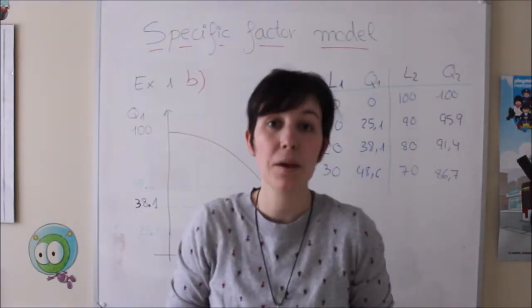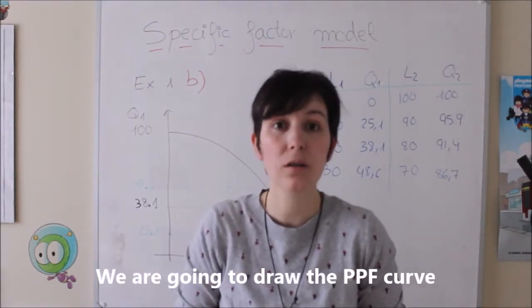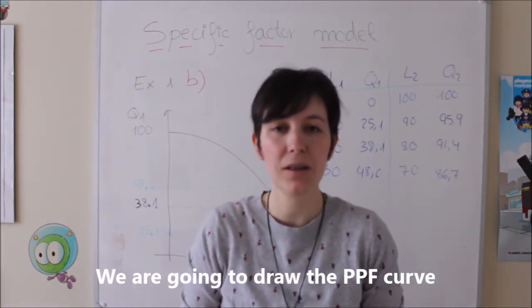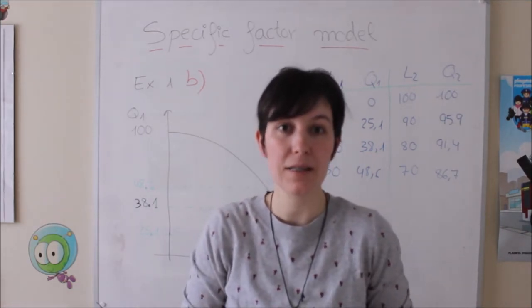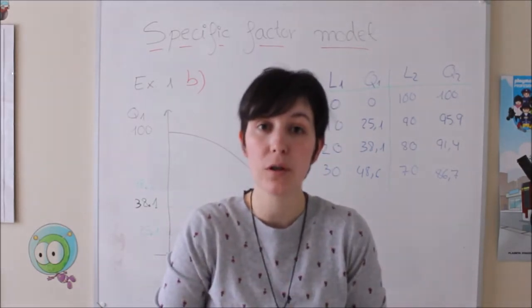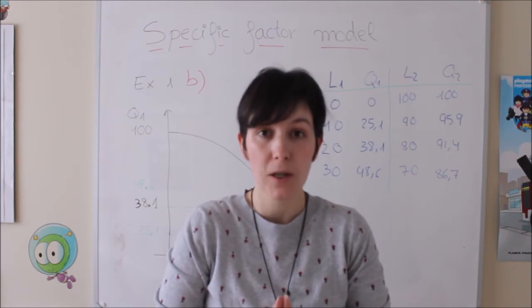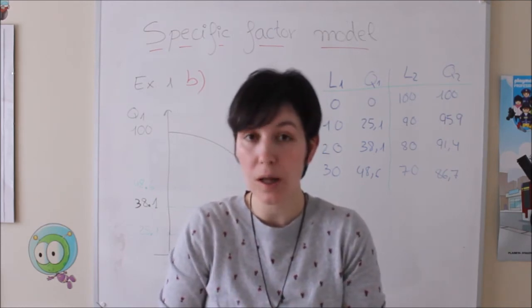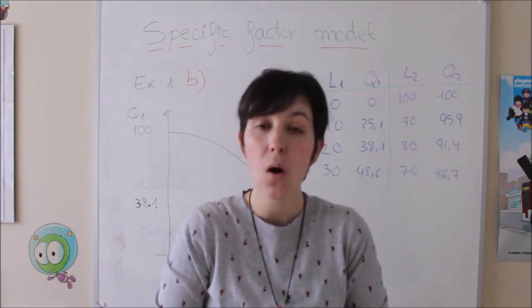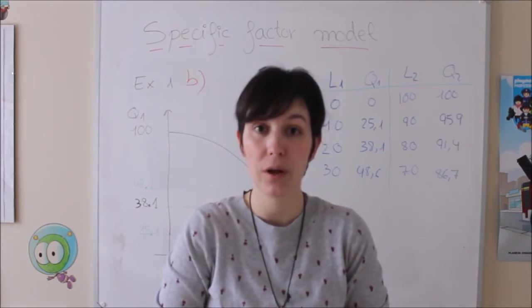Now, to do the PPF curve, we need the information that is in the table. In fact, I just changed the order of the data a little bit. You must remember the PPF is when you are using all your resources. That means using the whole capital you have, the whole land you have, and also all of the workers you have in your economy.